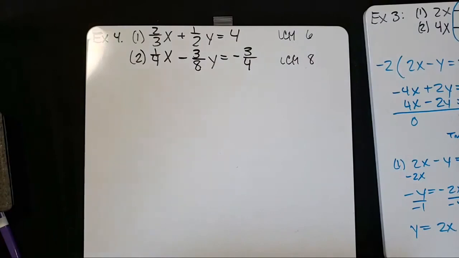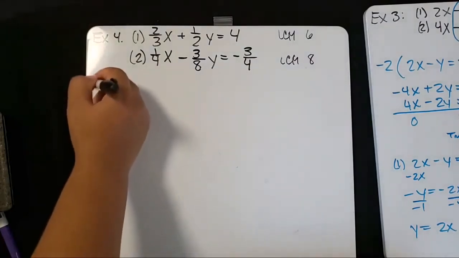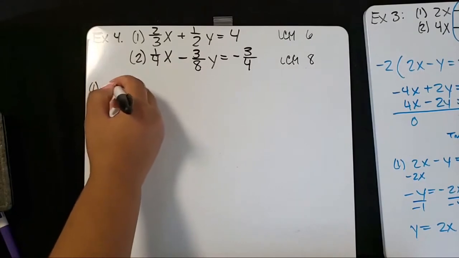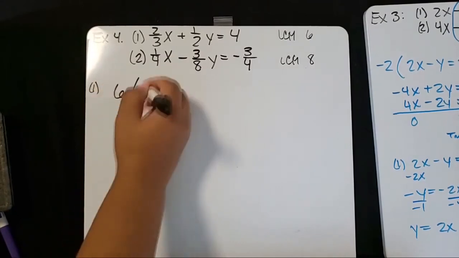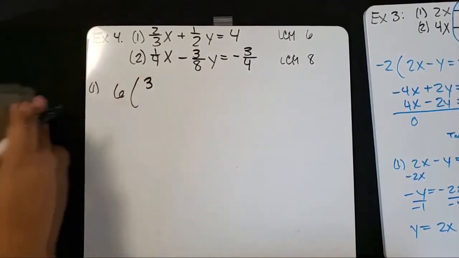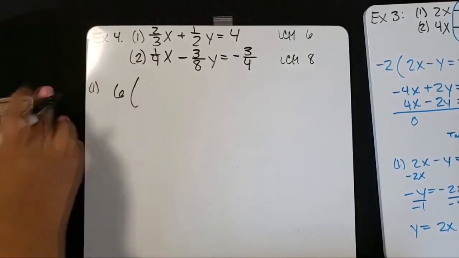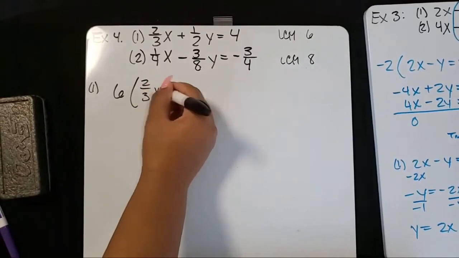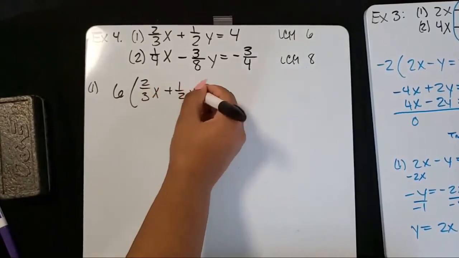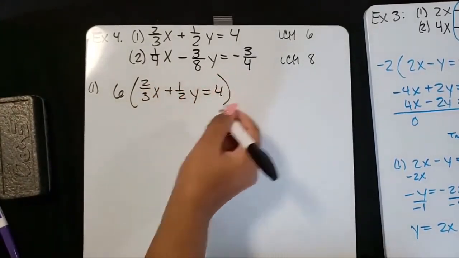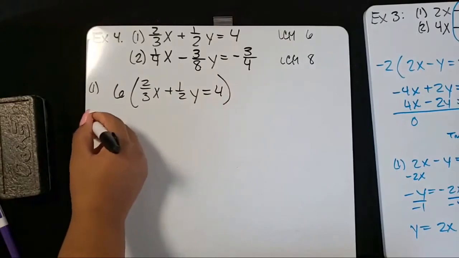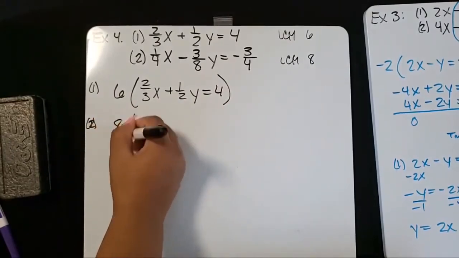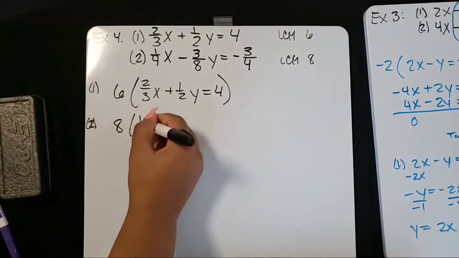So we want to multiply the whole first equation, 2 over 3x plus 1 over 2y equals 4, by 6. And our second equation, we're going to multiply that whole thing by 8.